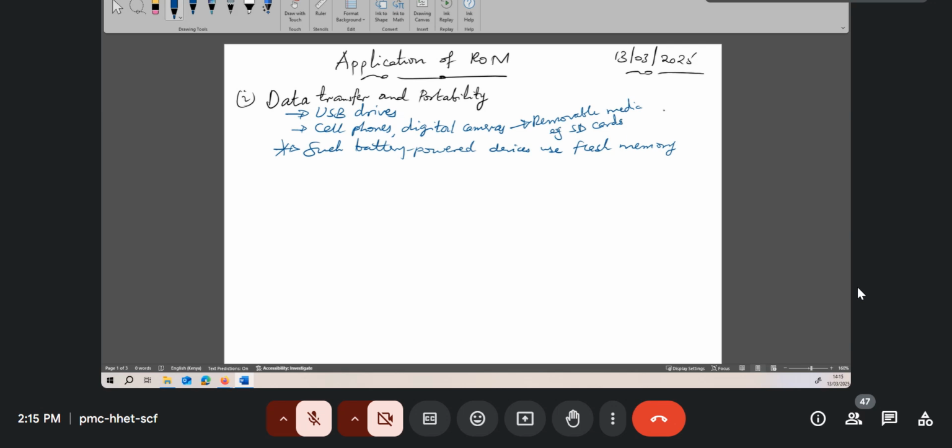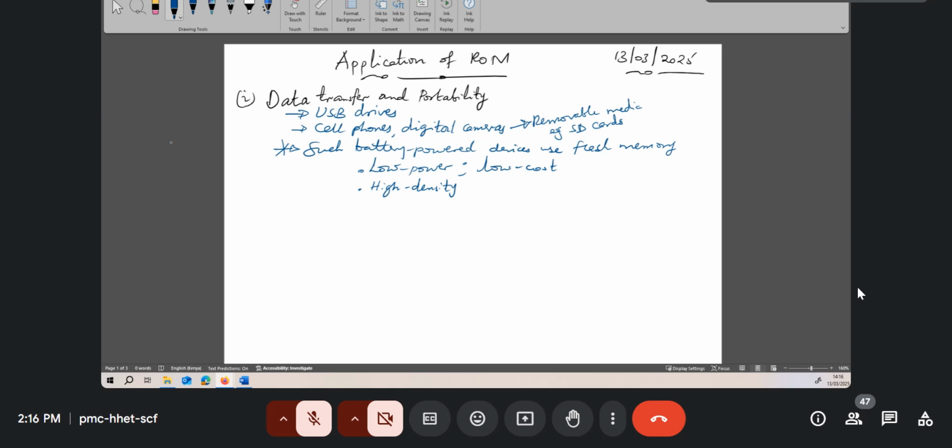One, we know they are low power as well as low cost, and we said that they also have a high density, so you can get gigabytes of storage in a very small area.